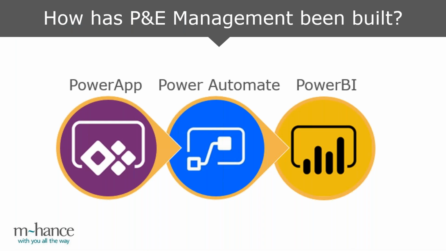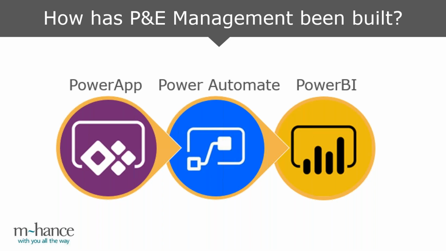And just to give an understanding of how this is built, we, as a Microsoft reseller, we're not rocket scientists here at m-hance. We build functional products that assist and make operations and efficiencies in organizations. So our system, the P&E management for GP, is built on a Power App. We use Power Automate to push and pull information from GP, and we use Power BI to do the analytics on it.